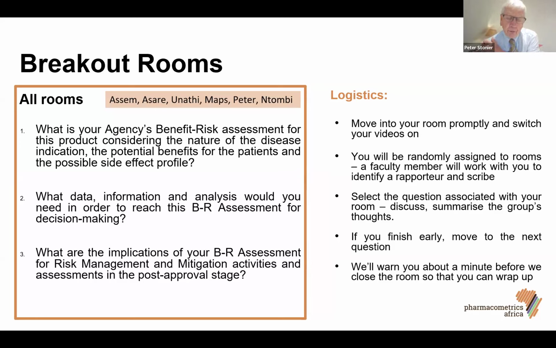So in doing a full benefit risk assessment, there would be many more variables and situations that we'd have to consider.